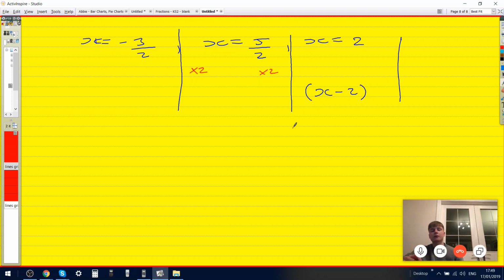Sorry, so 5 over 2 times 2 over 1 is 10 over 2, which is 5. Yeah, so times it by the denominator just gets rid of it. All right, yeah. What's on the left side? If you times it by 2, 2x, sorry. And now how do you make that equal to 0?